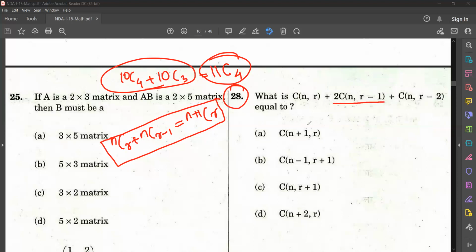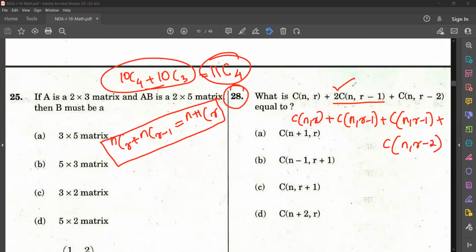So for that, I'm just splitting this as C of N comma R plus C of N comma R minus 1, plus C of N comma R minus 1 plus C of N comma R minus 2. I split this 2 C of N comma R minus 1 as C of N comma R minus 1 and C of N comma R minus 1.